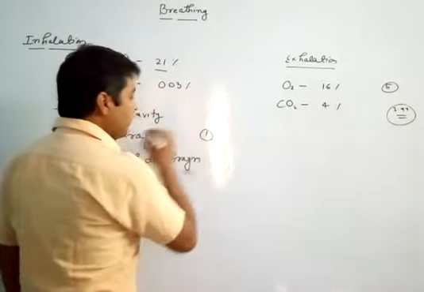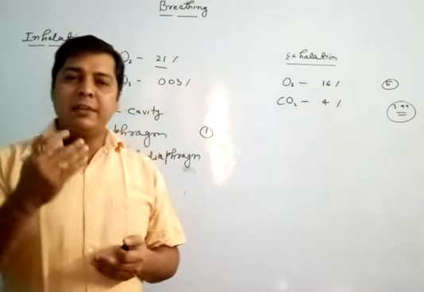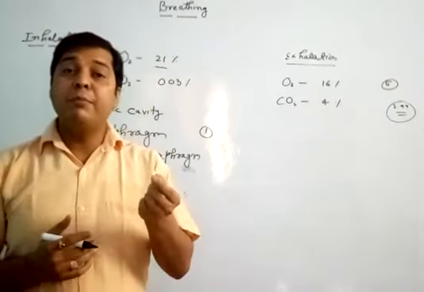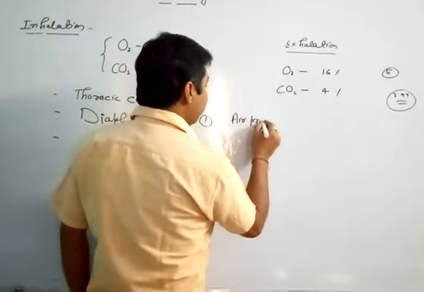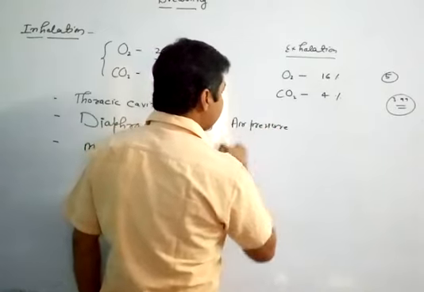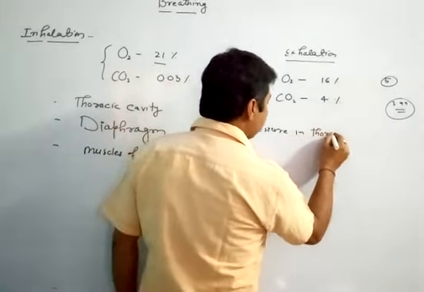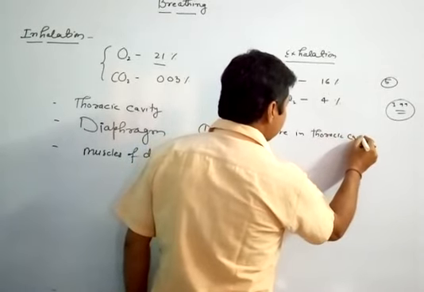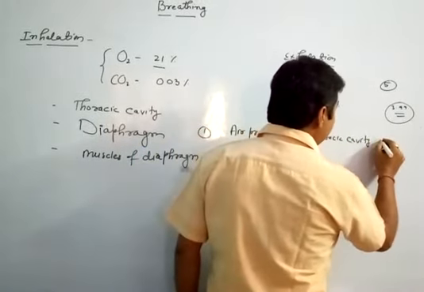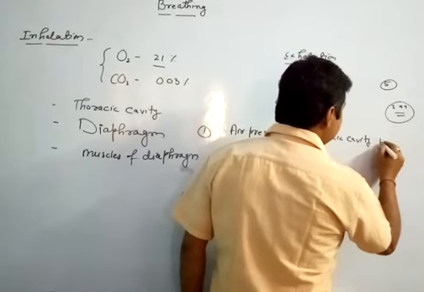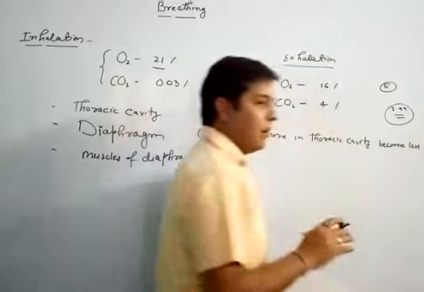The first change is that the air pressure inside the thoracic cavity becomes low. What is first? Air pressure in the thoracic cavity becomes less compared to outside.